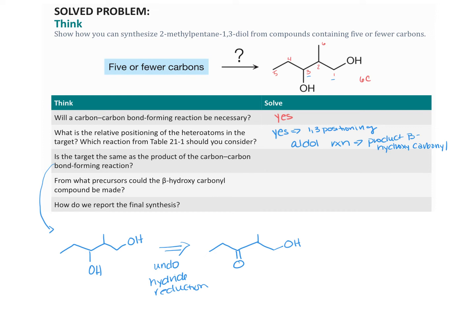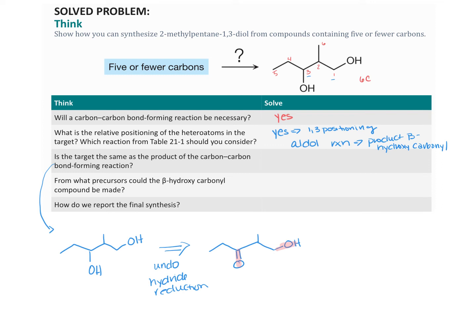And now this intermediate here looks exactly like the 1,3 positioning that we learned in 19.7 that's shown two slides back, where we have the carbon double bonded oxygen right here, and then the OH group right here, and they're in the 1 and 3 position relative to each other.